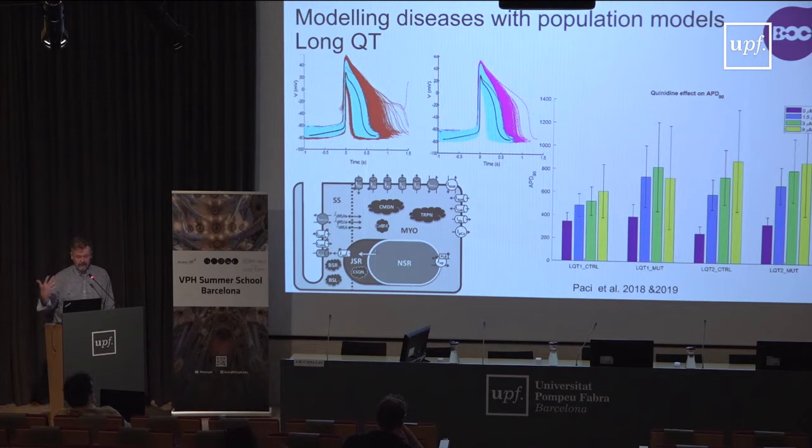We can have a population of normal persons, a population of, like here, long QT, maybe some other disease, and then, for example, having this one drug, see how it affects. And these are different doses, and we can see the dose response on these different mutations.